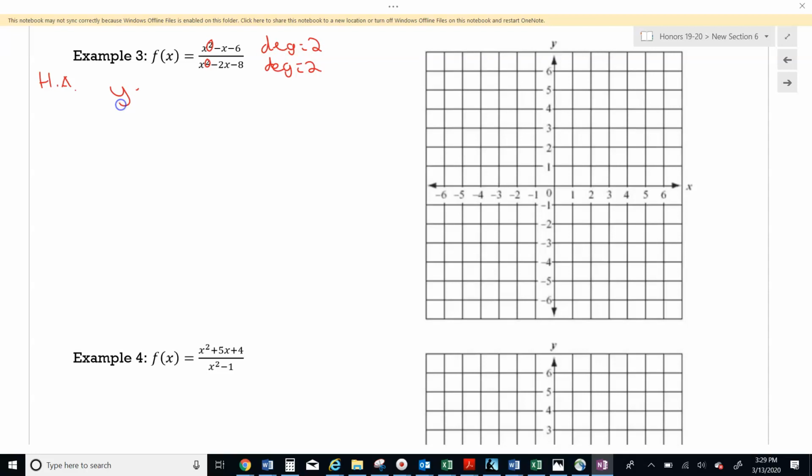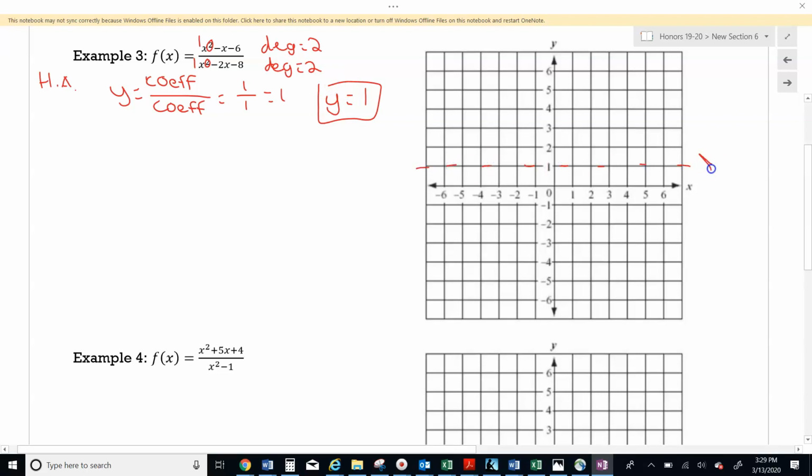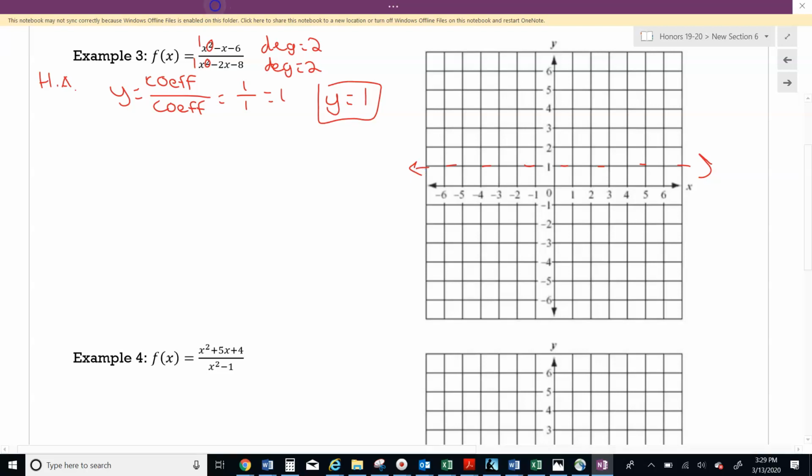So I'm going to do y equals the coefficient over the coefficient, which equals 1 over 1, which equals 1. So y equals 1 is my horizontal asymptote.